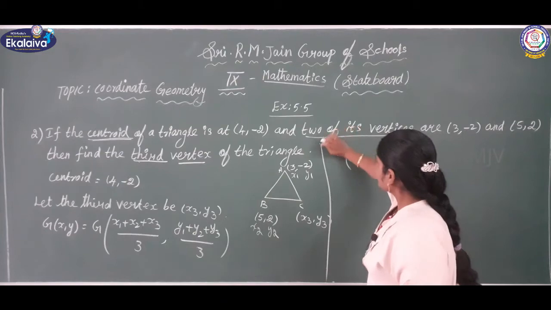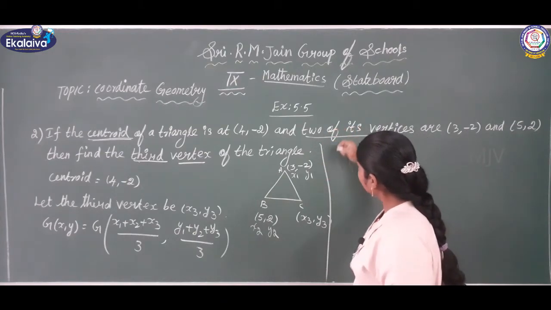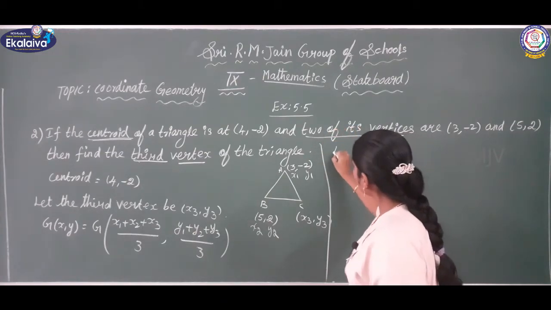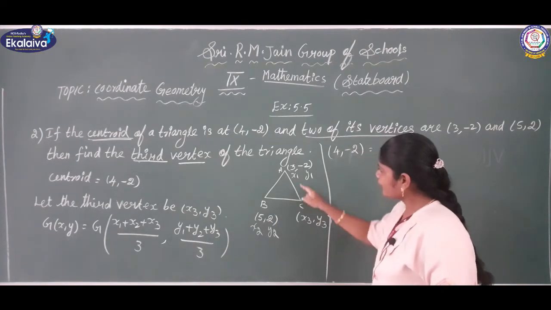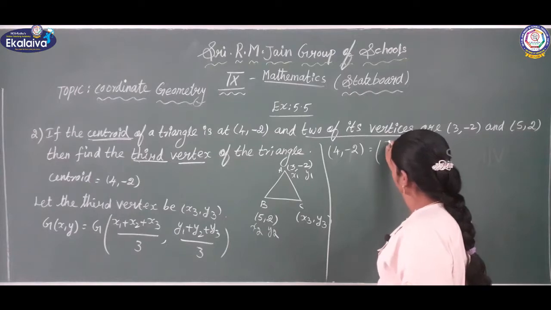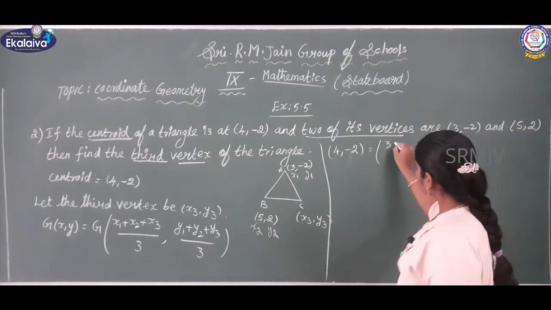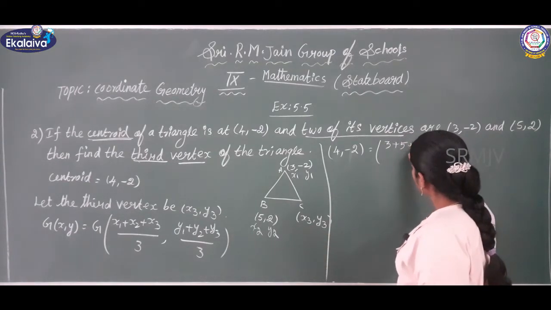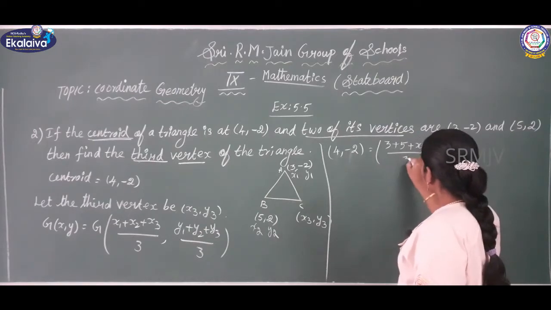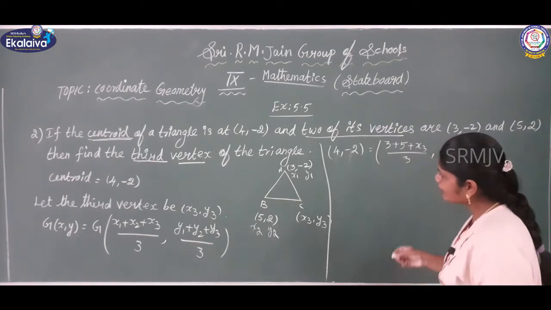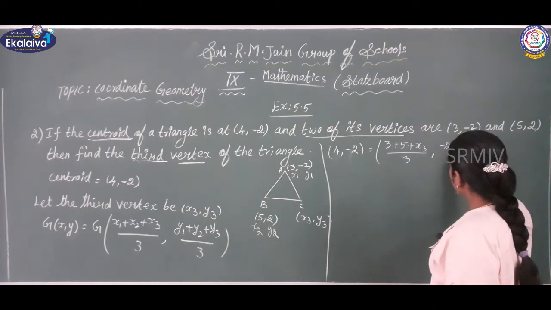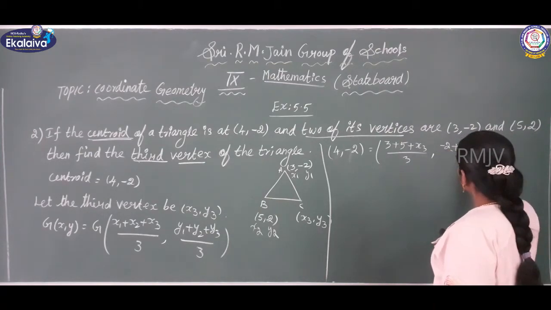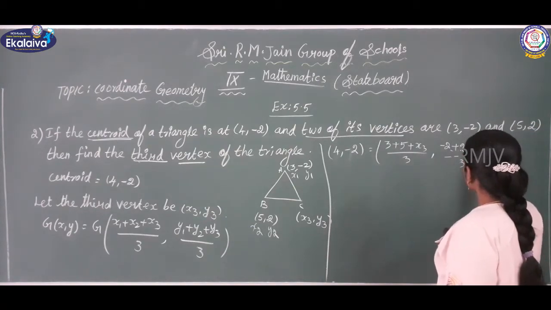So first the centroid value is (4, -2) equal to, substitute the values: x1 3 plus x2 5 plus x3 by 3 comma y1 minus 2, y2 plus 2 plus y3 by 3.